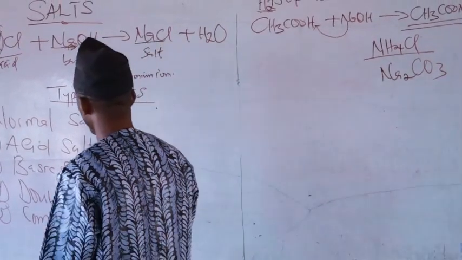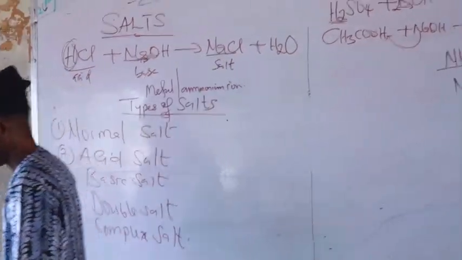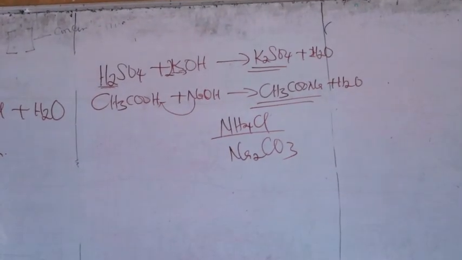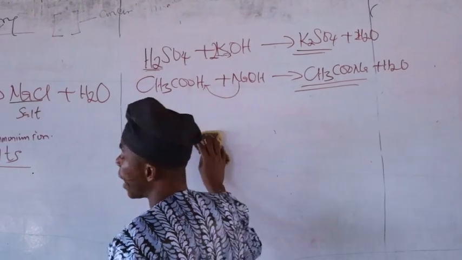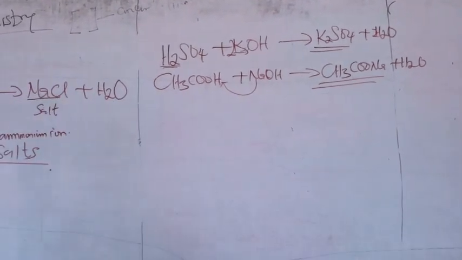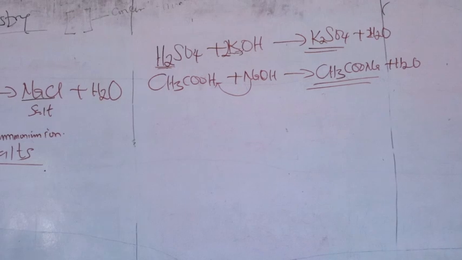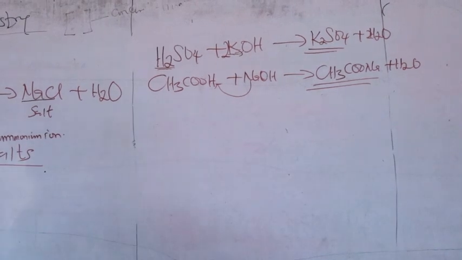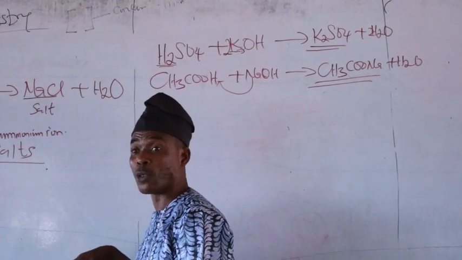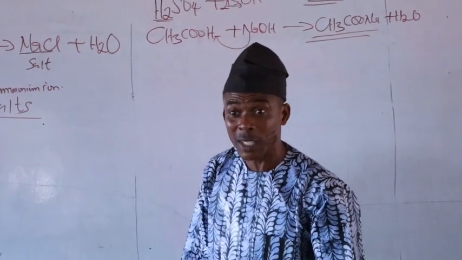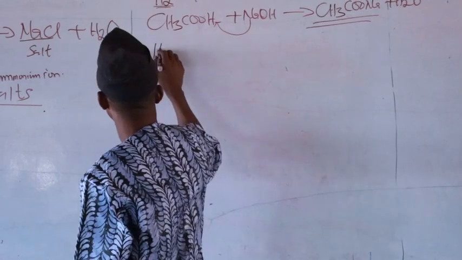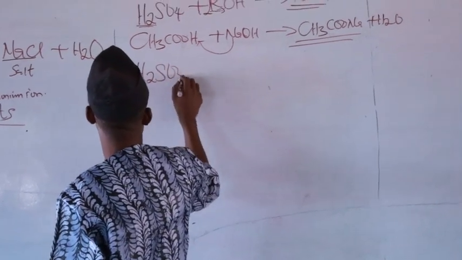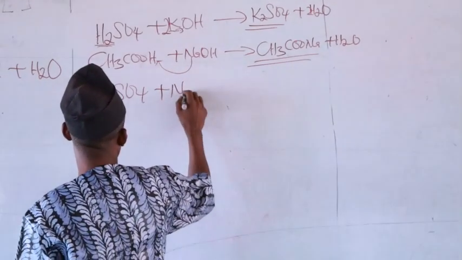So we'll move on to the next one, acid salt. When do we have acid salt? When the replaceable hydrogen ion of an acid is partially replaced with a metal or ammonium ion, the salt formed is called an acid salt. We have H2SO4 plus NaOH.